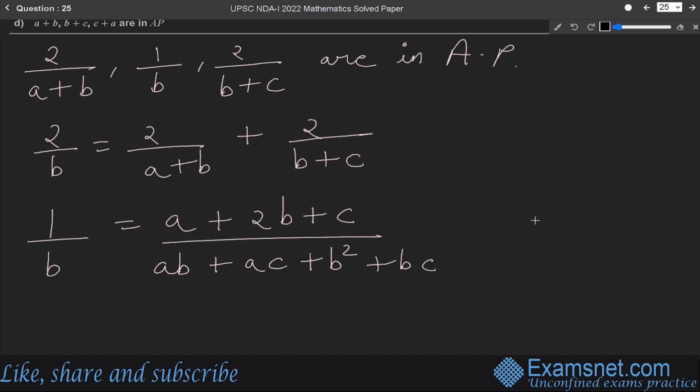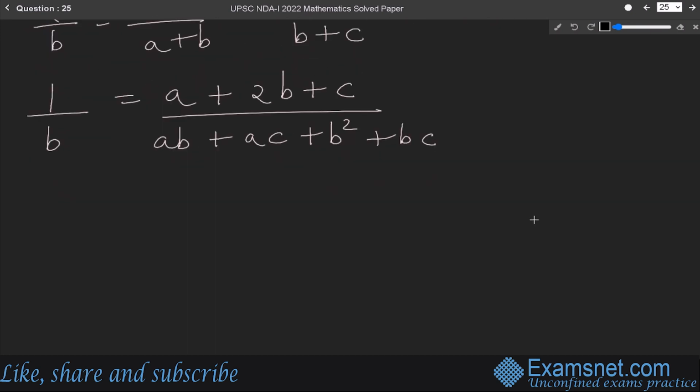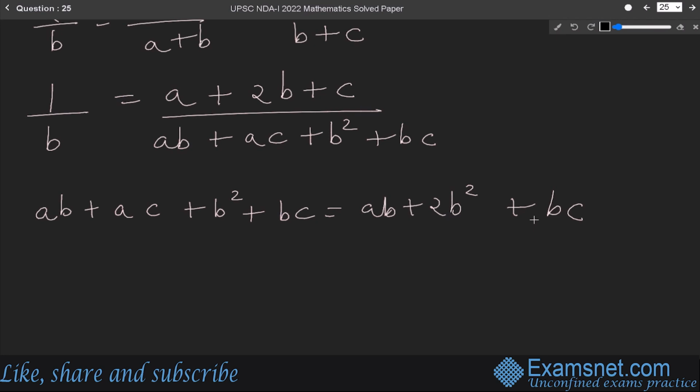Now again, cross multiplying the terms, we get AB plus AC plus B square plus BC is equal to AB plus 2B square plus BC. You can see that here also there is a BC and here also there is a BC, so BC and BC will be cancelled. Again, AB and AB also will be cancelled.